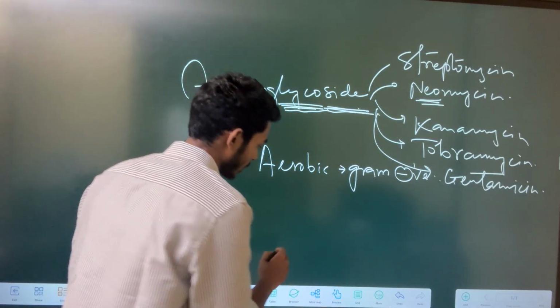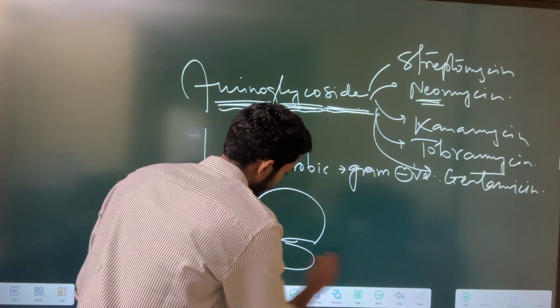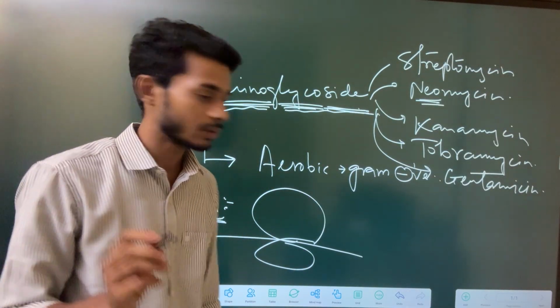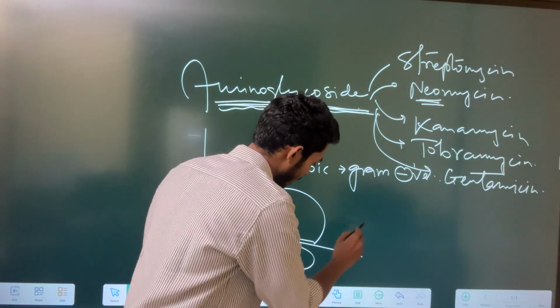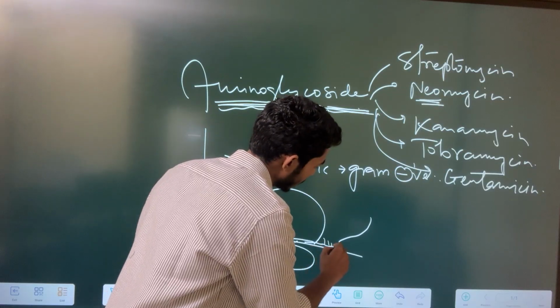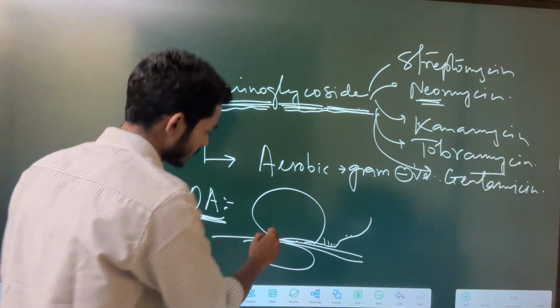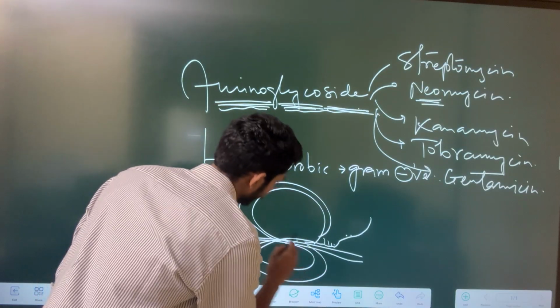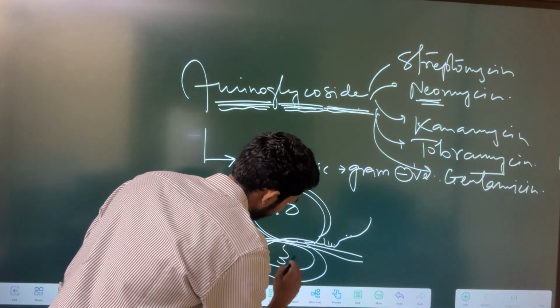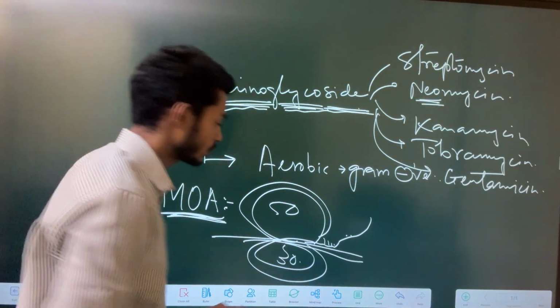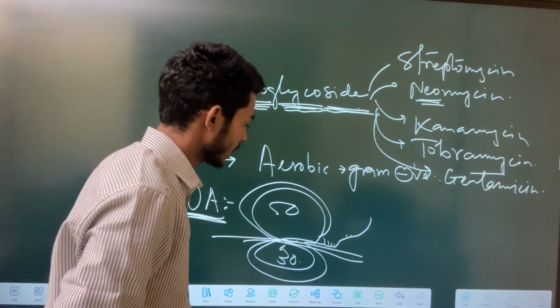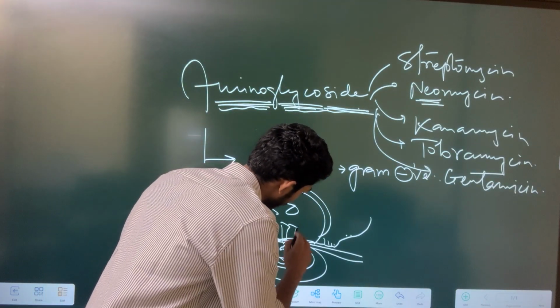So in that case what will happen? From RNA to protein, in translation, you will see the mRNA will come here and bind here. This is the 50S and 30S. What is that? Ribosome. So the mRNA will come and bind to the ribosome, and translation will take place.